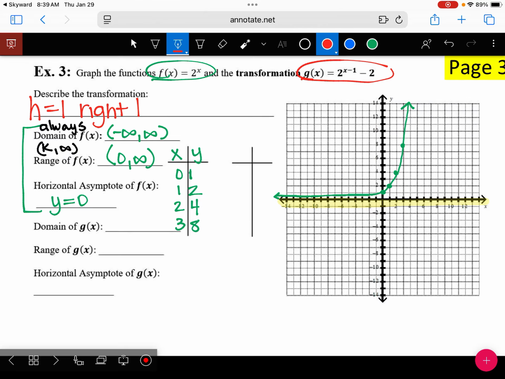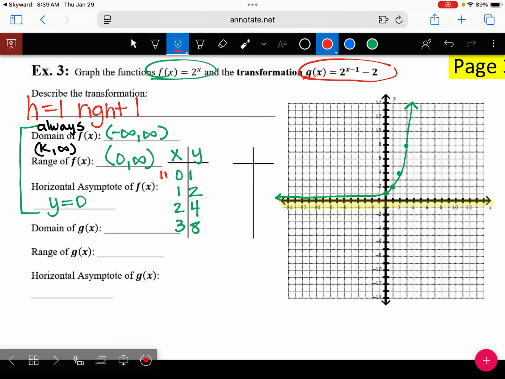So I'm going to pause. I want you to add 1 to all of these numbers, and we're going to put it over here in our new table. We could do this without a calculator. We're going to take 1 plus 0, 1, 1 plus 1, 2, 1 plus 2, 3, 1 plus 3, 4.